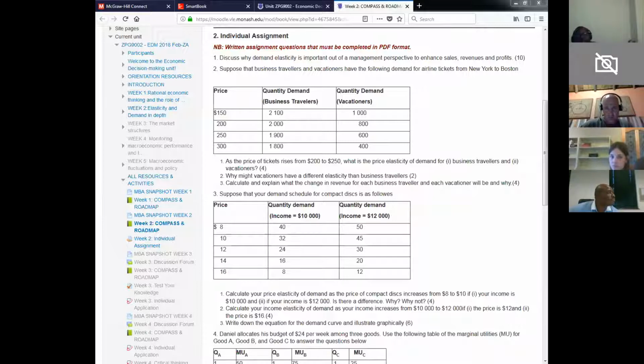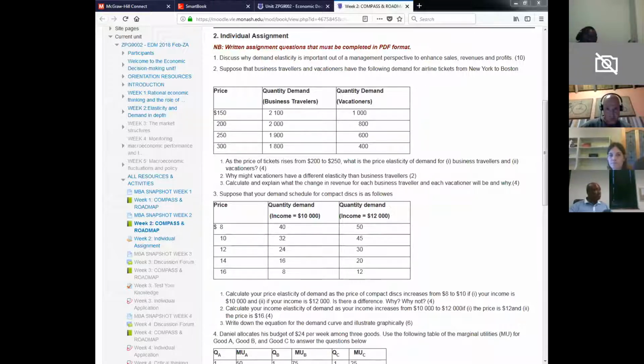Now we see a change when the price changed. The price changed from 200 to 250. Now, the quantity demanded for business travelers decreased by 100. Now, that "each business traveler" is not the business traveler itself.